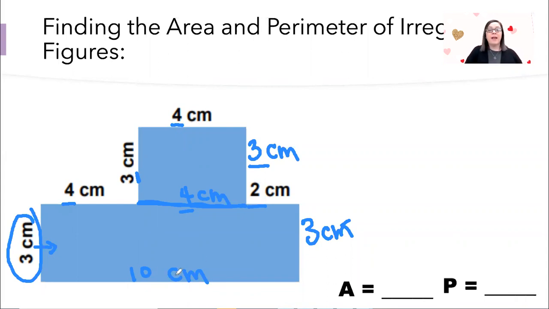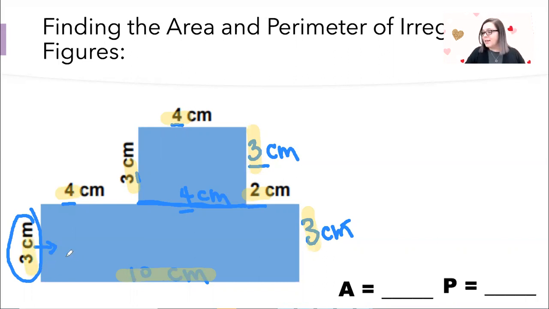So now we're going to go through and add everything together. I like to start with my biggest measurement. So I've got 10 centimeters here plus 3, that gives me 13, plus 2 more is 15, plus 3 more is, good, 18. 18 plus 4 is 22, plus 3 more is, good, 25. 4 more is 29, and we've got one more side over here.